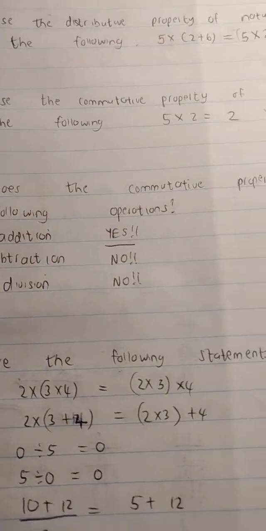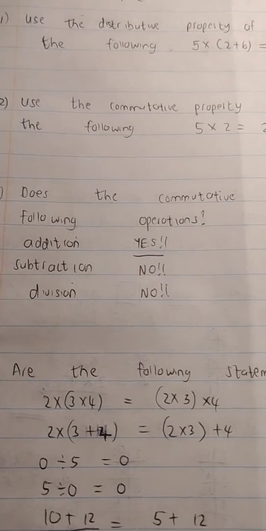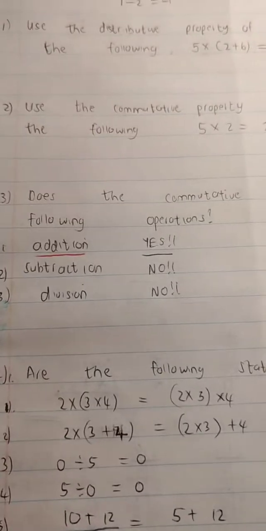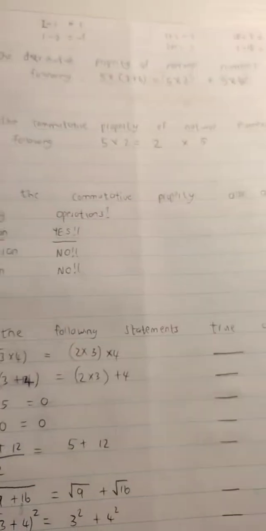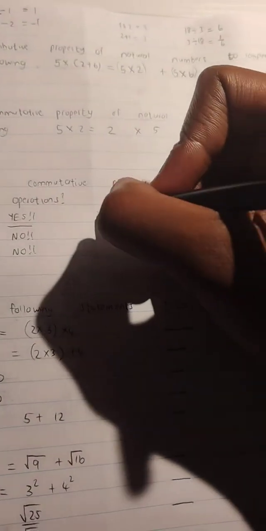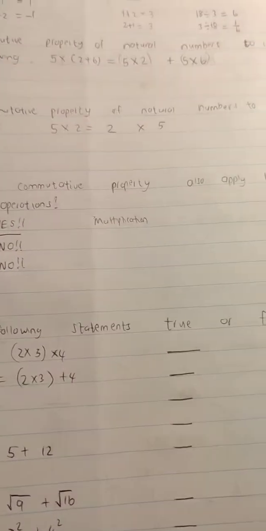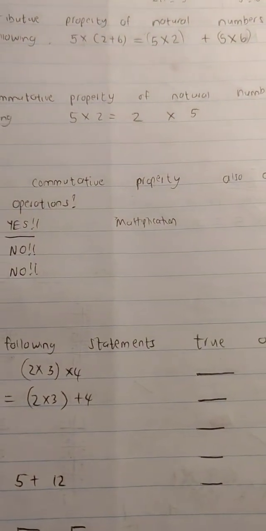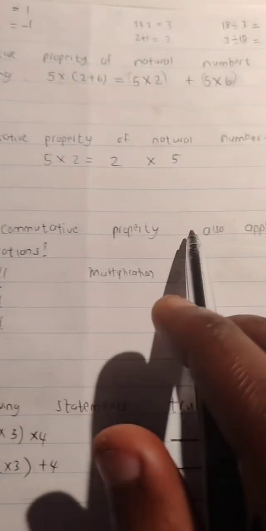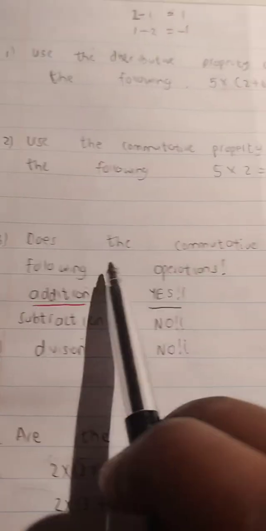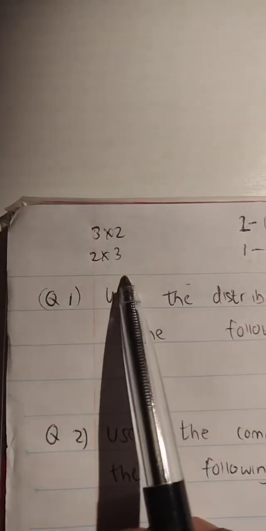So when we talk about the commutative property, it applies to addition. And if they had asked us, does it apply to multiplication? What would have been our response? To make a quick example, is 3 times 2 going to give us the same thing as 2 times 3?